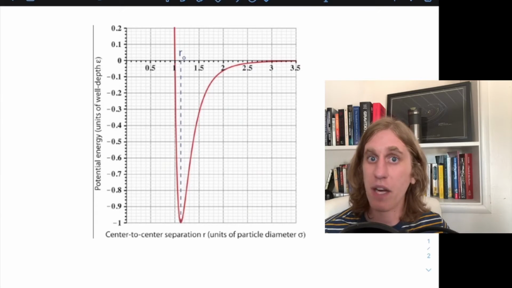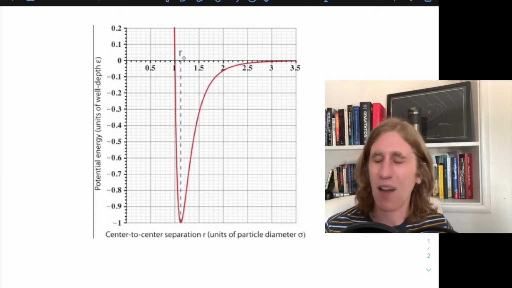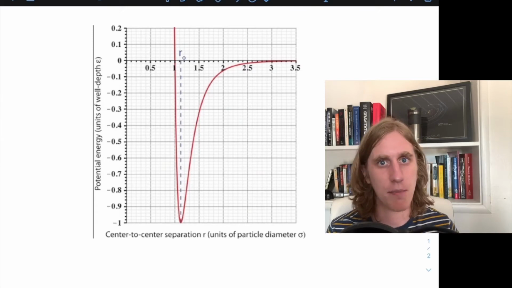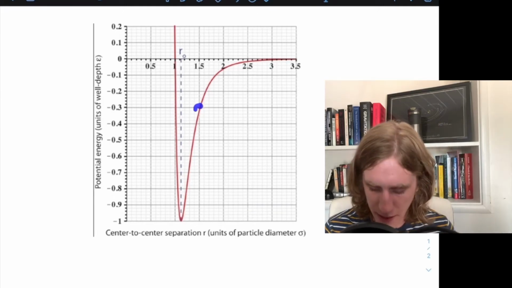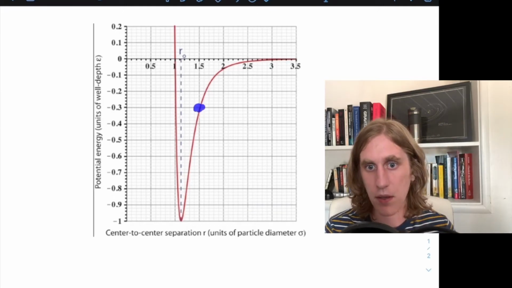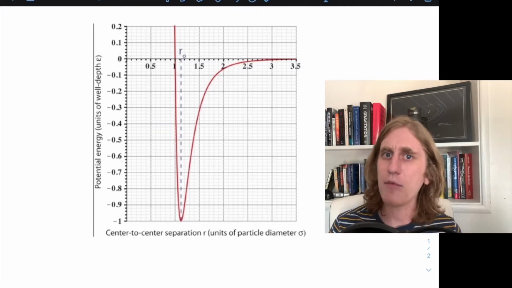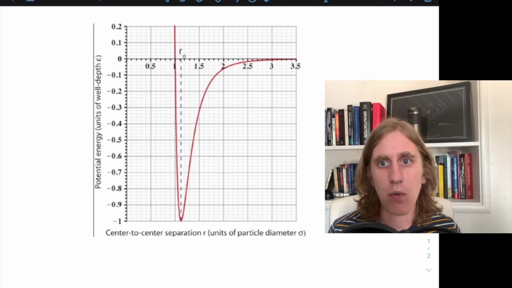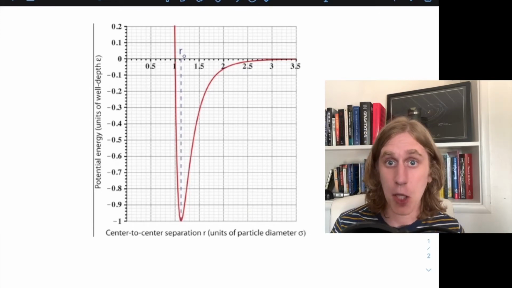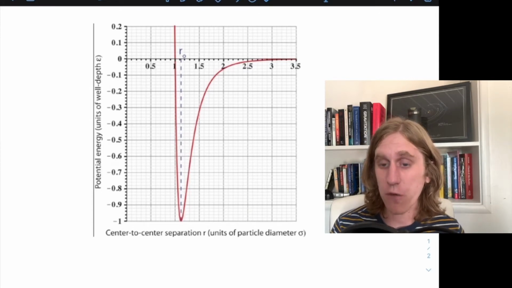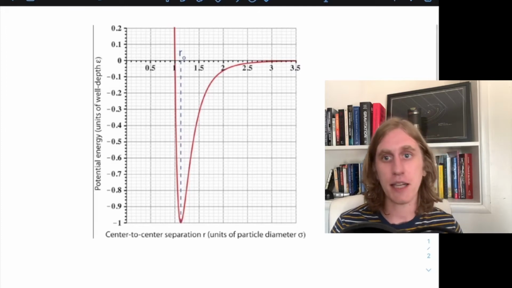Let's imagine that we had two particles who were not moving and were sitting about 1.5 times their particle diameter apart. On this graph, that's right here. Now, what would happen if we then just let these particles go? Well, this potential energy graph tells us exactly what happens. The particles would feel a force in the direction of decreasing potential energy.